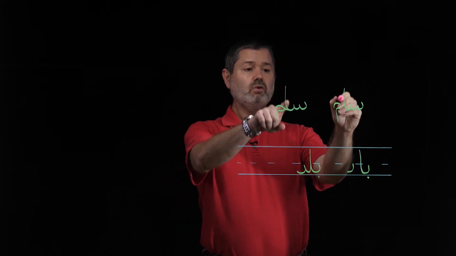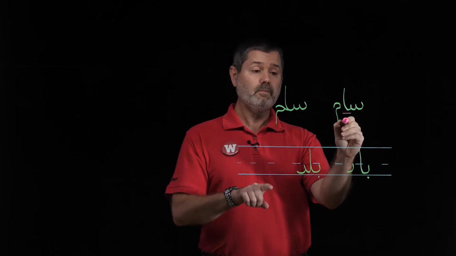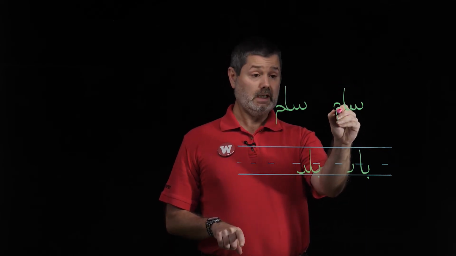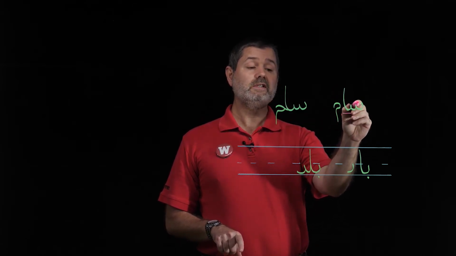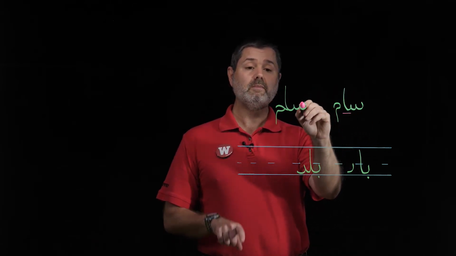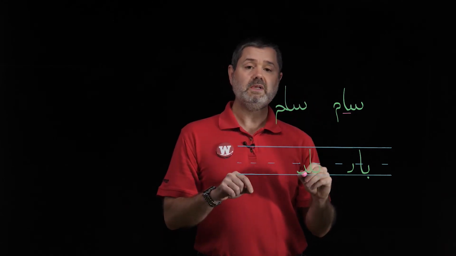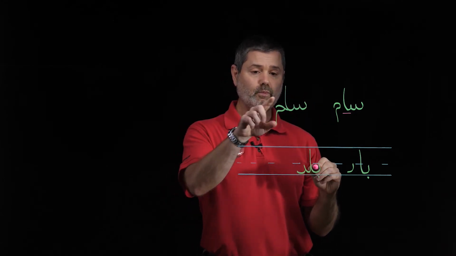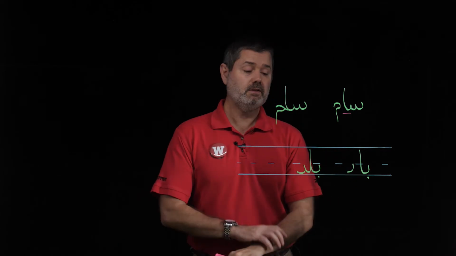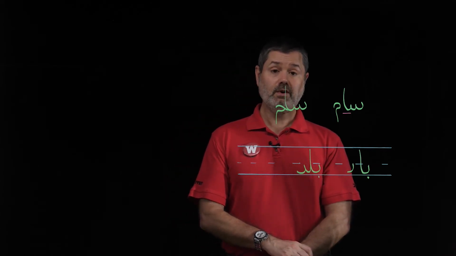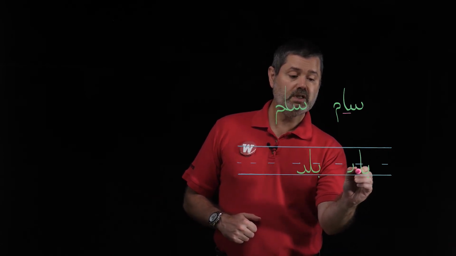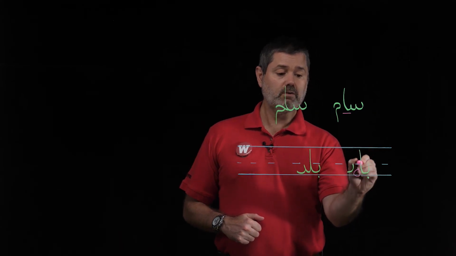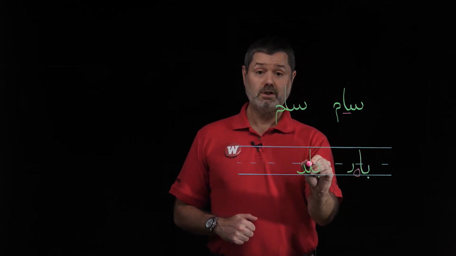We have 2 long lines going all the way up. This one does not connect. This one does connect. This is an Aleph sound. This is making an A. This word is Sam. Versus this one, as we mentioned, this will be an L sound, a lam, which you'll learn later. How about this pair? They look very similar. What's the difference? A gap right here. Because there's a gap, this one is the Aleph, this one is not.